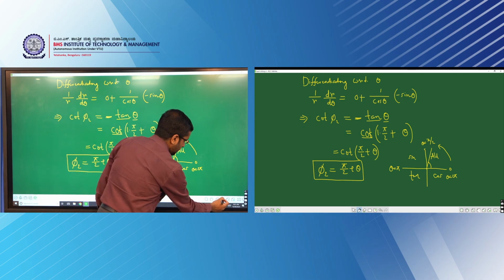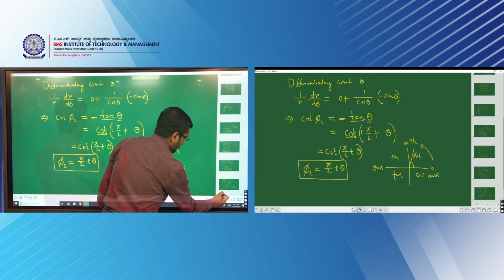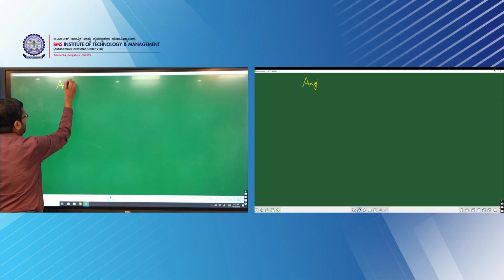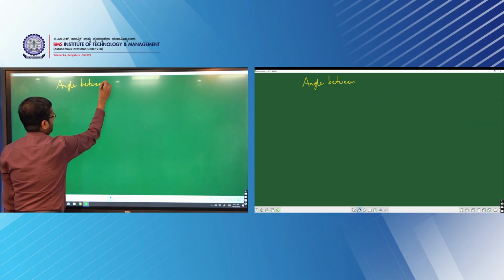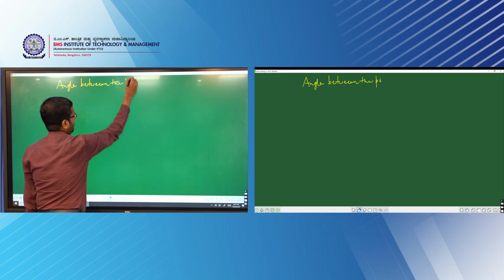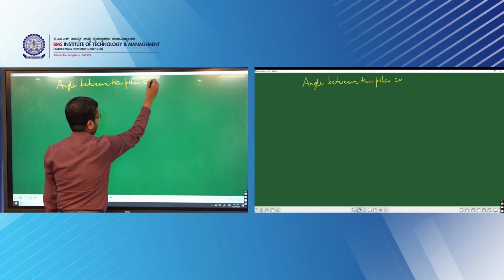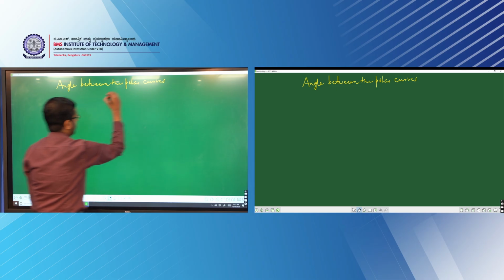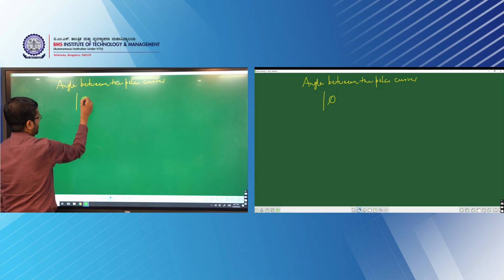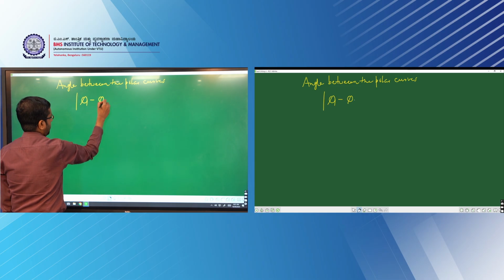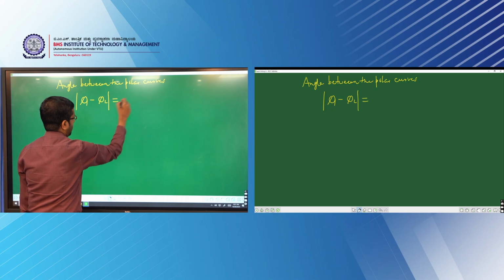So now just one step is remaining, the angle. So the angle between polar curves will be what? The angle between the polar curves will be, we just subtract the values of phi 1 and phi 2, but with a modulus sign because we do not know which angle will be greater. So mod of phi 1 minus phi 2.